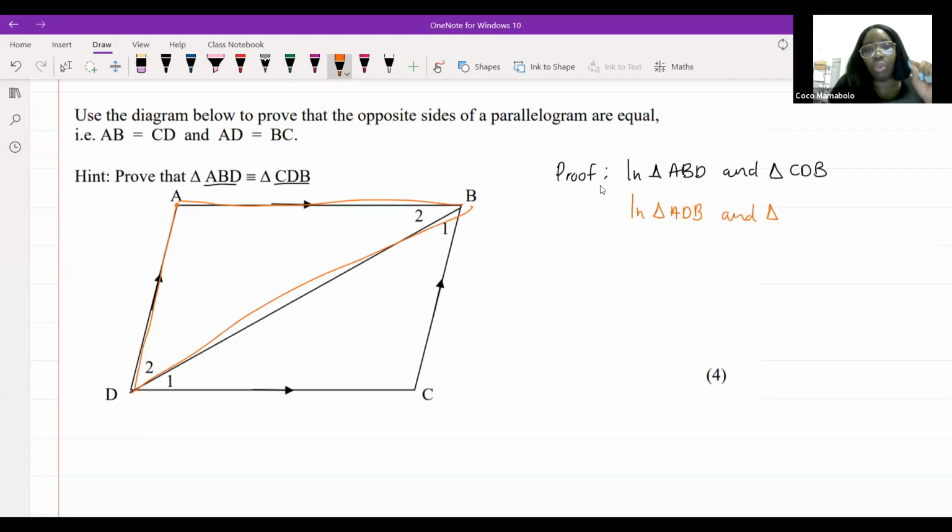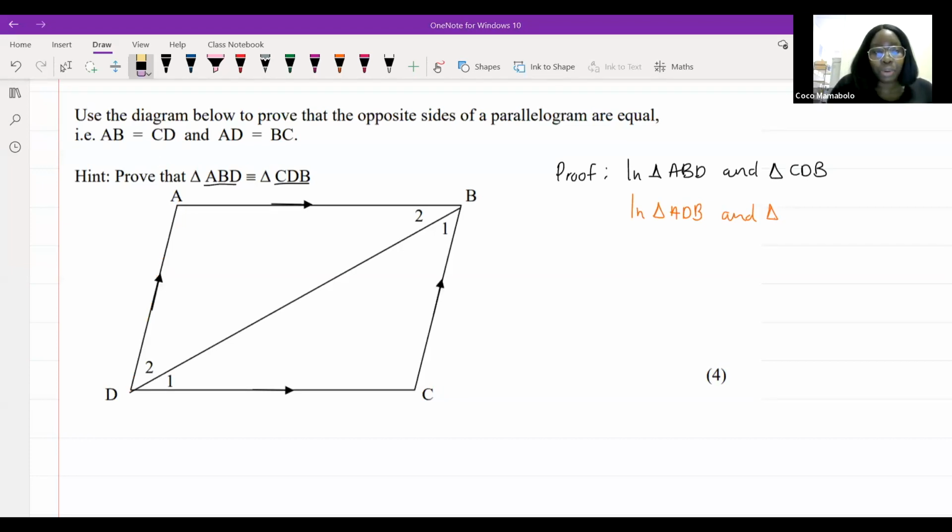And triangle what? Good, Buche. Because I started at the obtuse corner and I went down and then through the middle. In this case, I need to start at the obtuse corner and go up. So I must say C, B, and then down the middle to D, and then close my triangle. The order must be correct. And I'm going to show you why that order needs to be correct in just a minute.